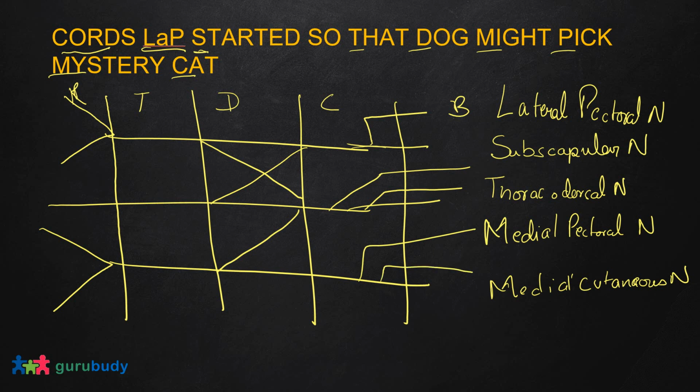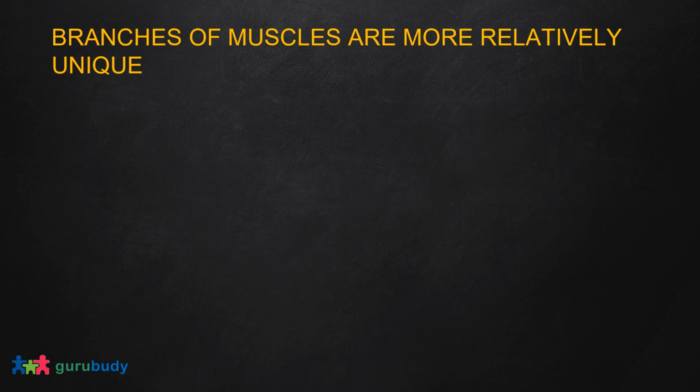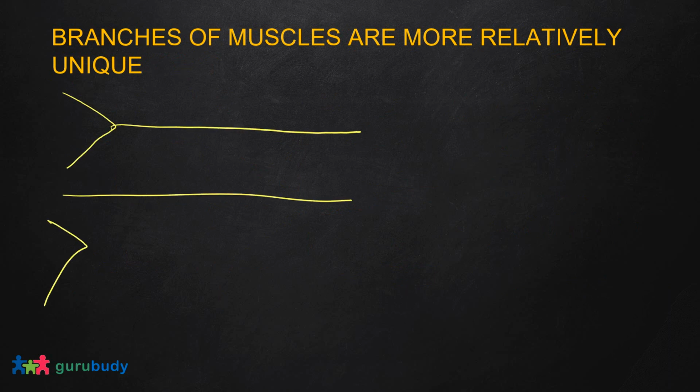And lastly comes the branches. In this we are going to draw the whole brachial plexus, because the branches are the last part.